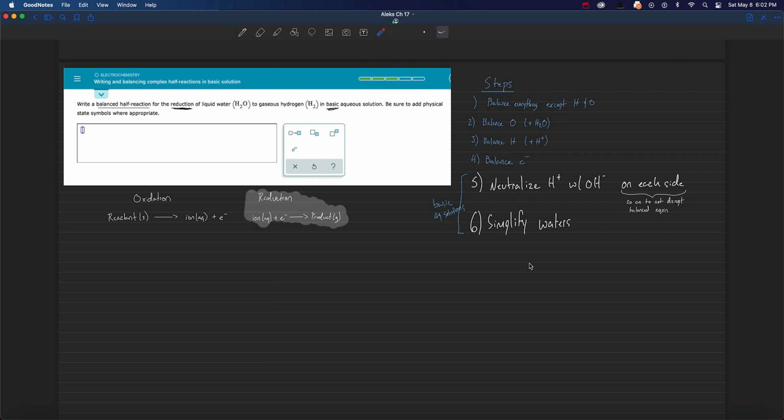This is important because you'll know by the end of writing this whole balanced half reaction out that if you have your electrons on the product side, you did something wrong because this is a reduction reaction. So therefore, reduction is gain. We're going to gain electrons to get our product, which you'll see in a little while.